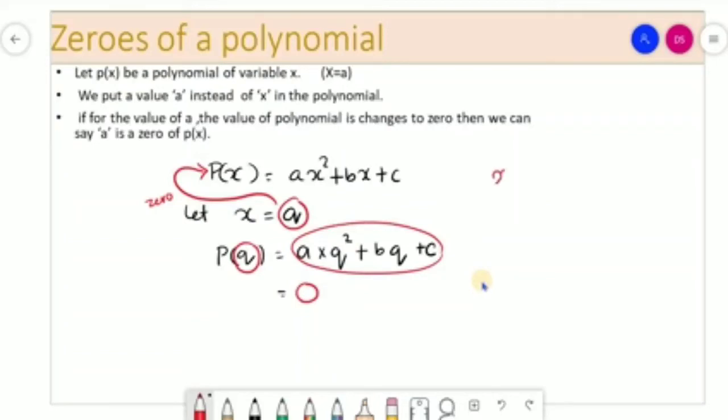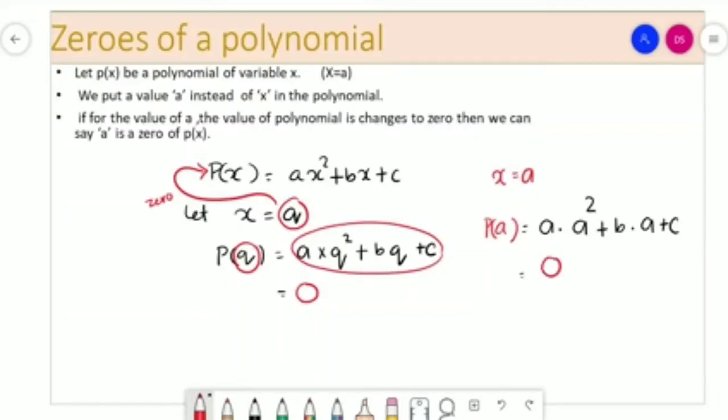If we take x is equal to a, now the polynomial will be converted to p(a). Now we will put the value a instead of x there. Now look, after the calculation, now it has also become 0.